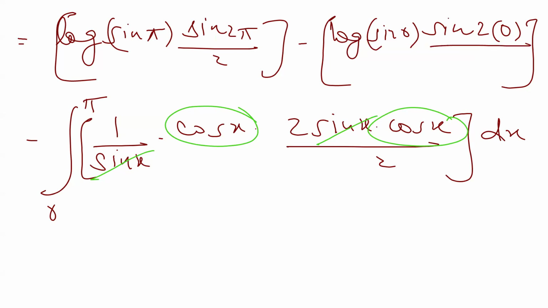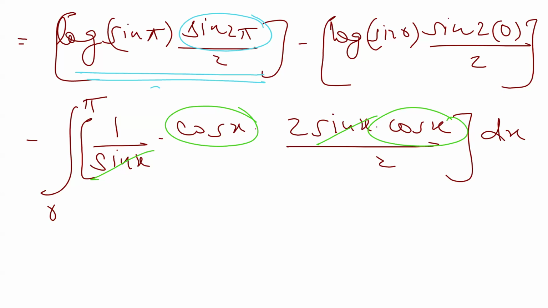Now look at the first box, guys. We'll analyze this term sine 2 pi. Sine 2 pi is sine 2 into 180, that is 360. Sine 360 is 0. You can check in your calculator. So 0 into this entire term will be 0.